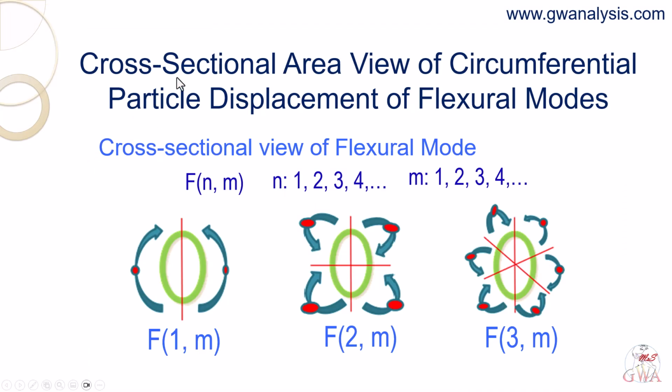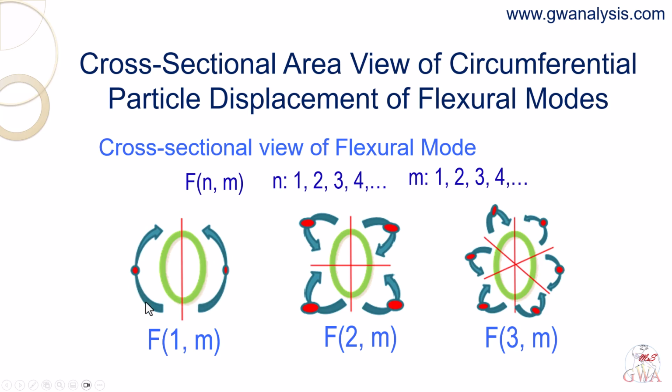This slide shows the cross-sectional view of circumferential particle displacement of flexural modes. The first index of the flexural mode is equal to the number of lines that separate the circumferential particle displacement of the flexural mode.